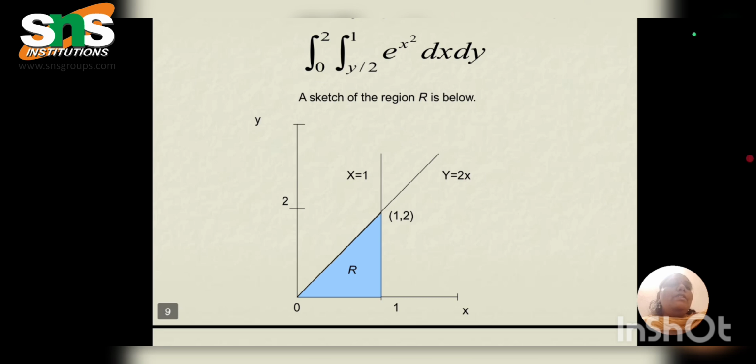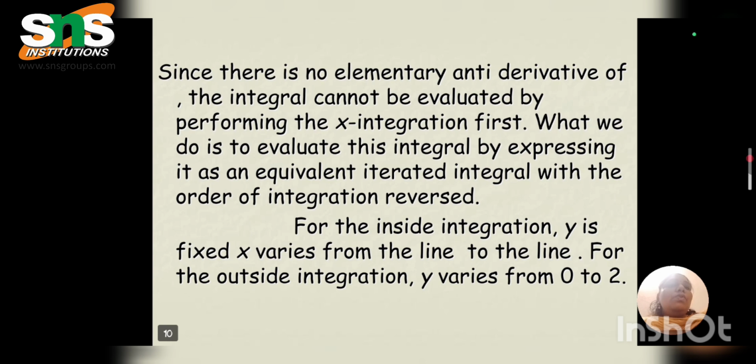So we are going with the example: integral from 0 to 2, and then y by 2 to 1, e power x squared dx dy. Here y is fixed and ranges from y by 2 to 1, and then x varies from 0 to 2. Here we draw a geometrical representation and then change the order of integration.